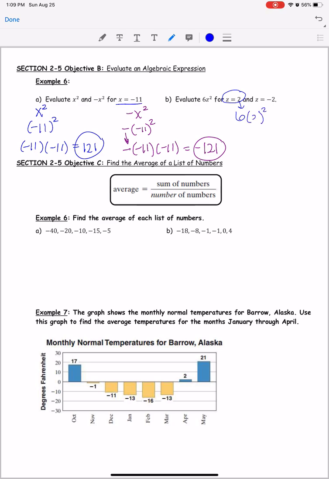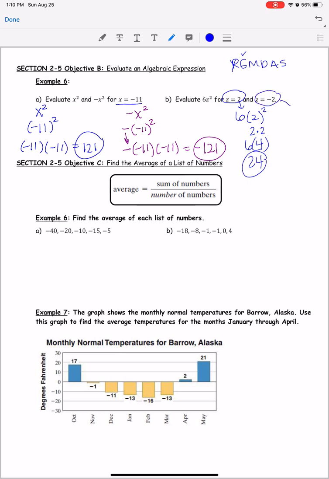My z is 2, so it goes in here. So that means we've got exponents first, right? If we use please excuse my dear Aunt Sally, we don't have any parentheses, but we do have some exponents. So 2 squared is the same as 2 times 2, which is 4. Bring down that 6, and 6 times 4 is 24.